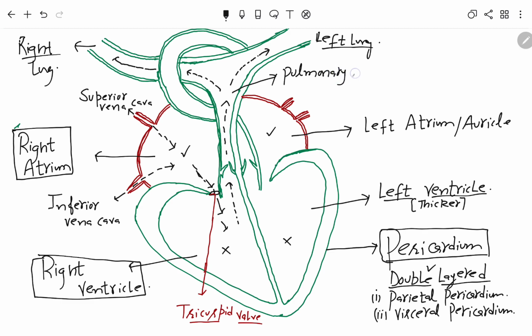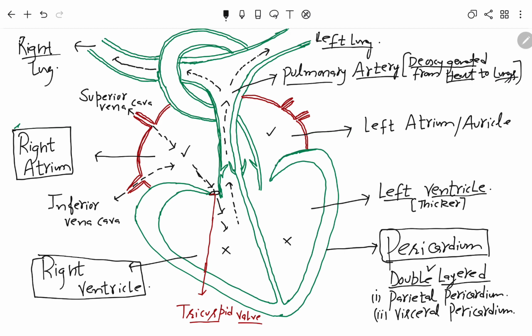Please remember, I have already written in my notes, all arteries carry oxygenated blood except pulmonary artery. It is carrying deoxygenated blood from heart to lungs. It is the only exception in arteries which is carrying deoxygenated blood from heart's right ventricle to lungs.